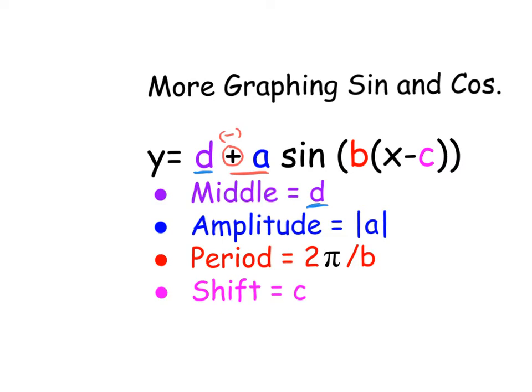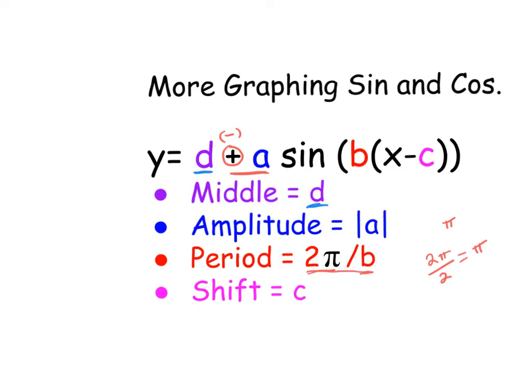Now, period. Period is just equal to 2 pi over B. So in the previous example, we said the period was pi, but we said that B was 2. So the way we do that is we do 2 pi divided by B, which is 2, and that gives me a period of pi.